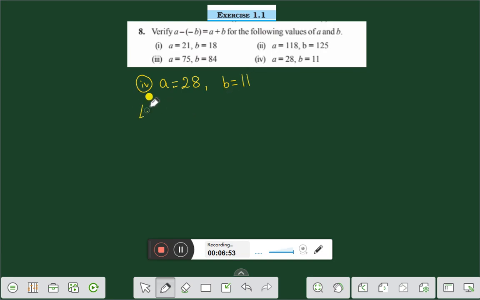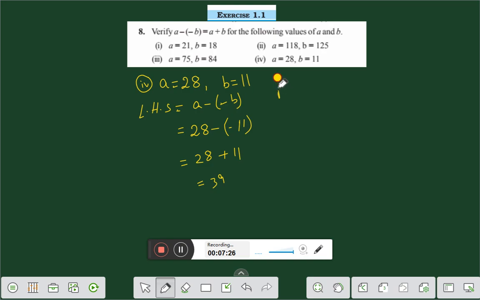Therefore left hand side, a minus of minus b is 28 minus of minus b is minus 11. That comes to 28, minus into minus is plus 28, 8 plus 1 is 9, 2 plus 1 is 3, 39.